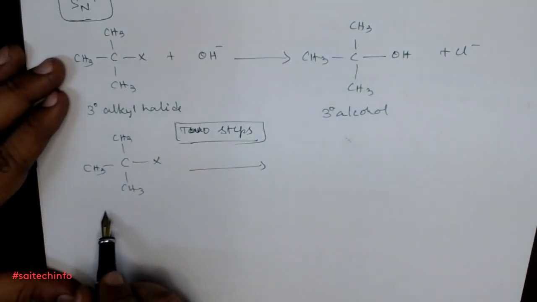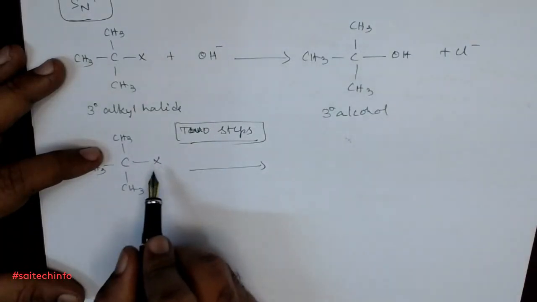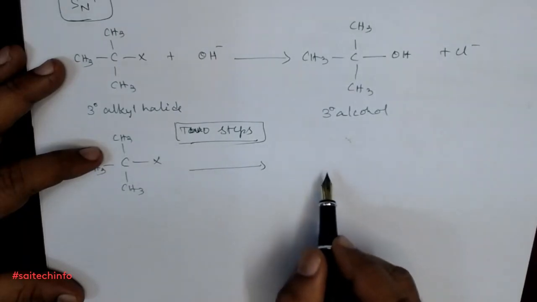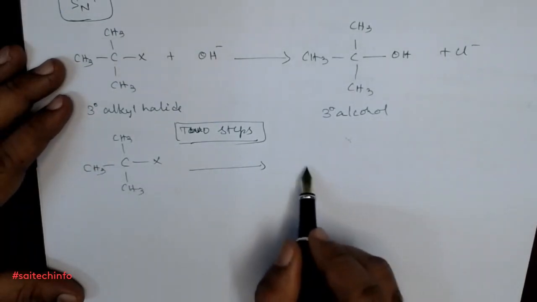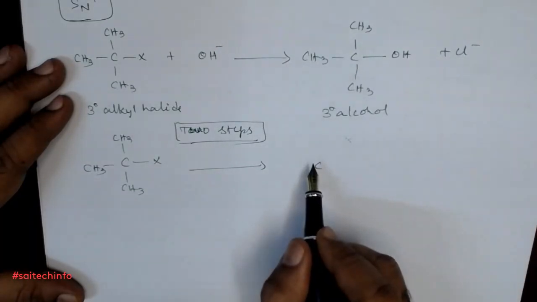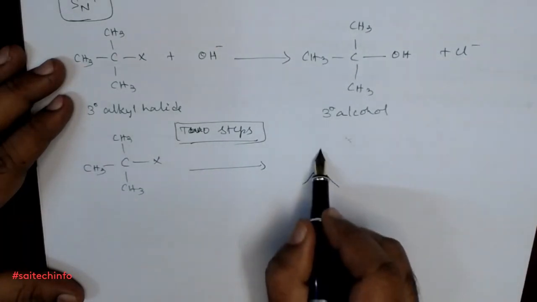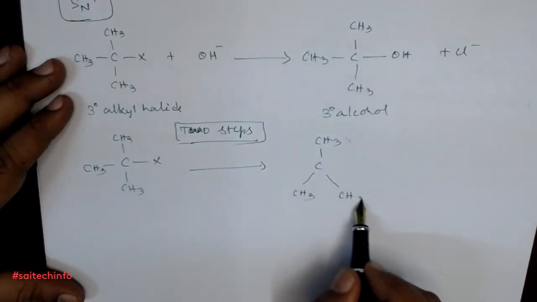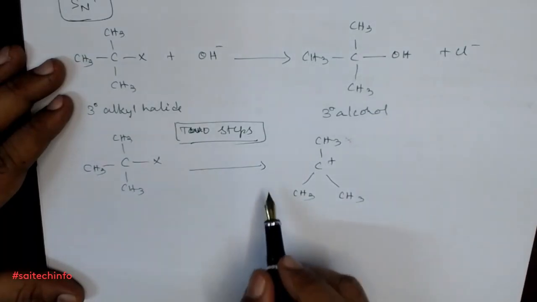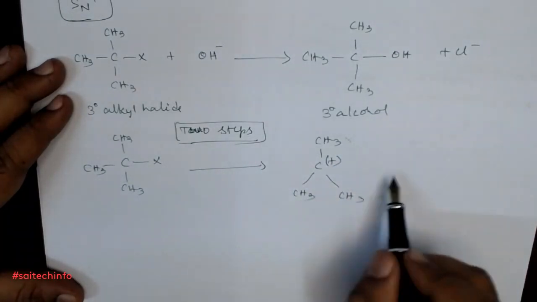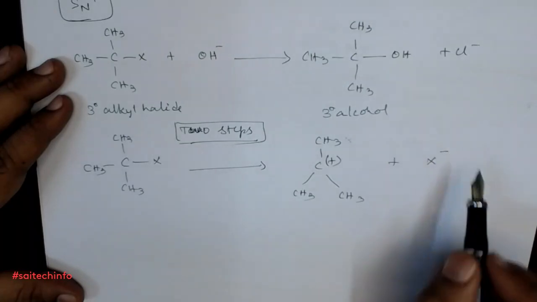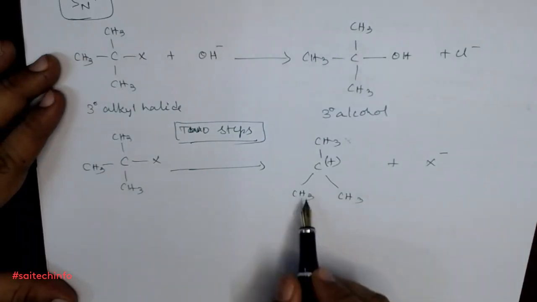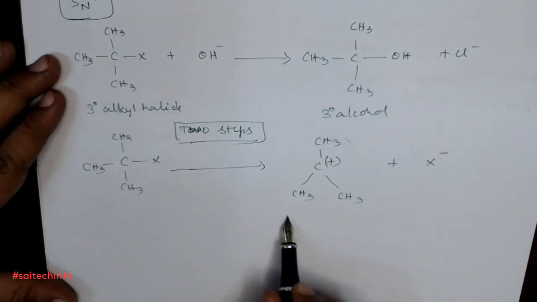We have here tertiary alkyl halide. First, the generation of carbonium ion. So first ionization takes place, so it becomes C, CH3, CH3, CH3, and forms plus. Carbocation is formed, and the leaving group has left. So here is the formation of carbocation. This is the carbonium ion.